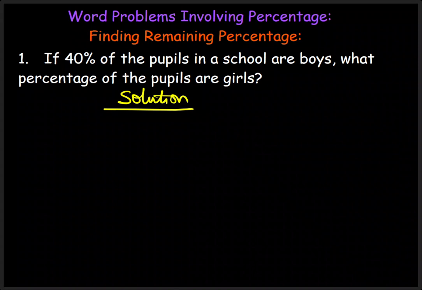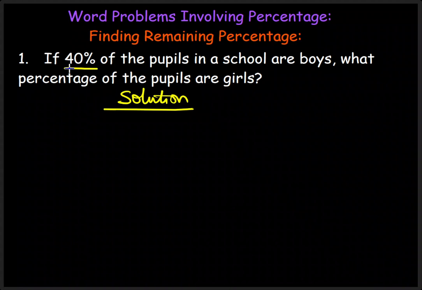You must give a description to what has been given, and then you write out what you are asked to find. For example, this 40% we have here, you must be able to tell someone, oh, 40% stands for this.